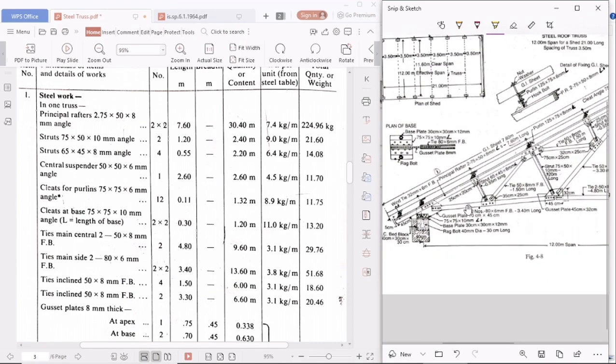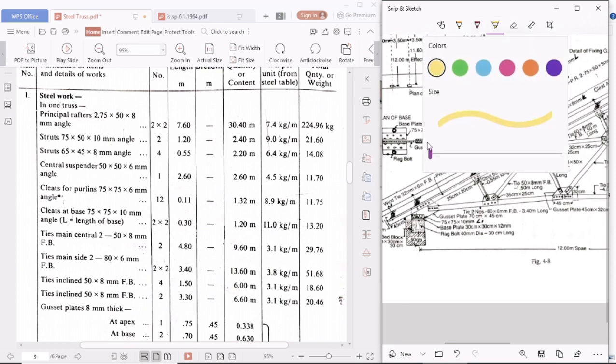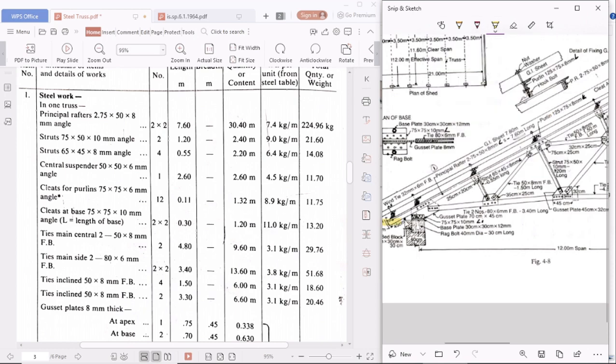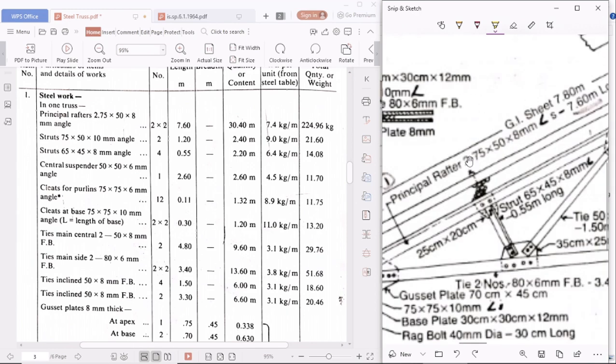See the principal rafter here. This one is the principal rafter, and they have given the specification of the principal rafter, that is 2 number 75 into 50 into 8 mm. So for one section 2 number is required, for another section another 2. So 2 into 2. What is the length given?